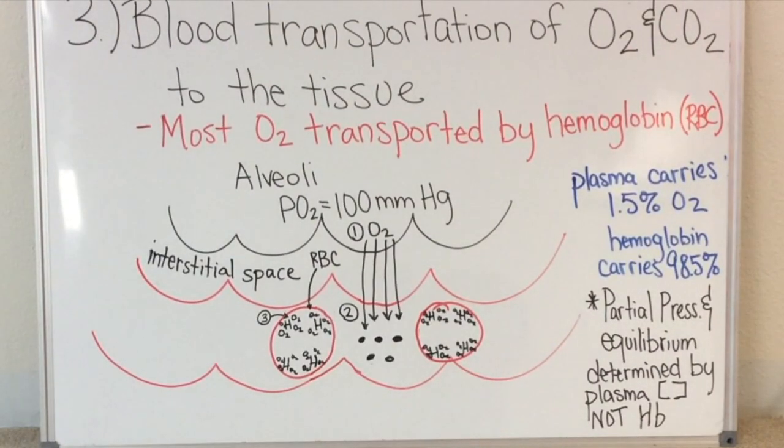In this simplified example, let's say equilibrium was reached when 5 molecules of oxygen were diffused into the plasma. Without the presence of red blood cells, equilibrium would be reached once those 5 oxygen molecules reach the plasma. However, each red blood cell has 4 heme groups that can each take 4 molecules of oxygen.